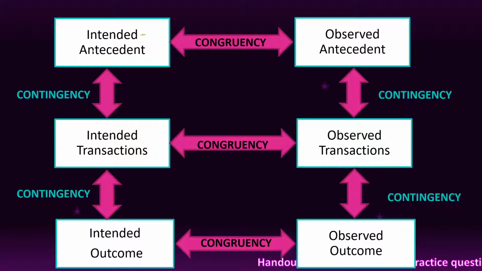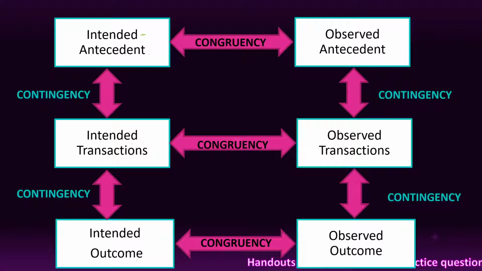Contingency is whether antecedents, transaction, and outcome are related or not. In the antecedent, you check the previous knowledge of photosynthesis. Then you transact photosynthesis in the classroom, and at the end you see the result, whether students understand photosynthesis or not. So there must be contingency between your prior teaching, the transaction you are doing in the classroom, and what students achieved or not. Whether the aims and objectives made in the antecedent are achieved or not is contingency.